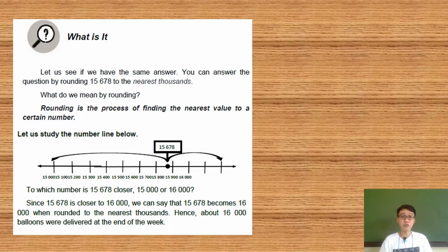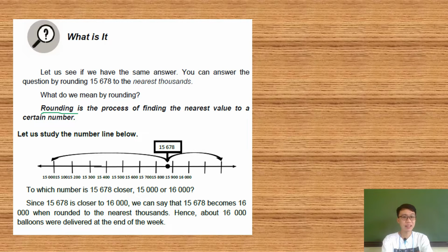Let us see if we have the same answer. You can answer the question by rounding 15,678 to the nearest thousands. What do we mean by rounding? Rounding is the process of finding the nearest value to a certain number. Let us study the number line.